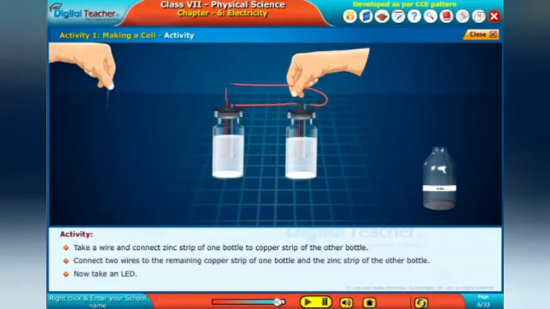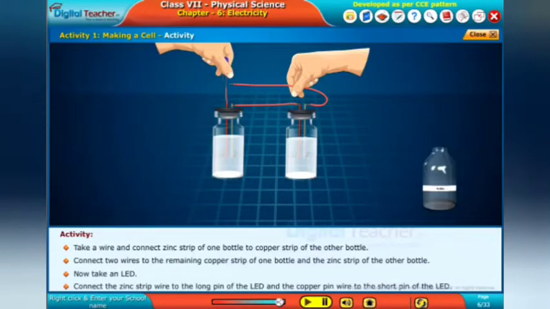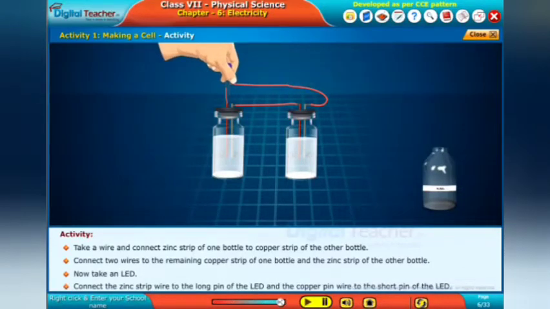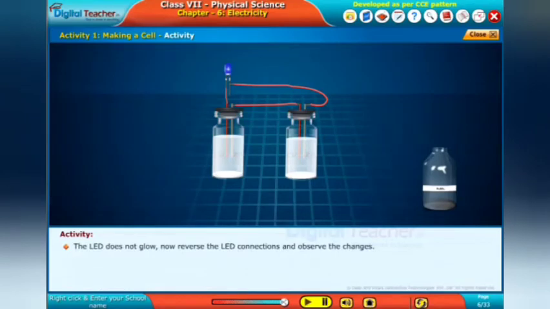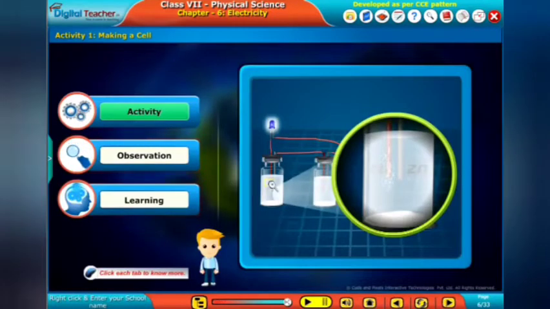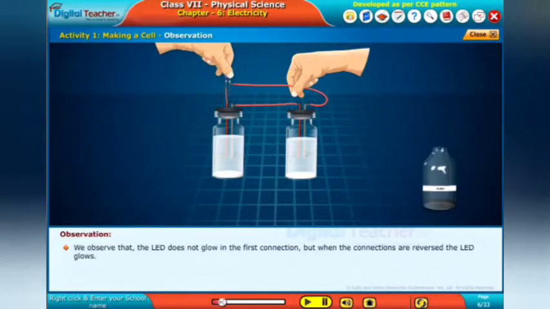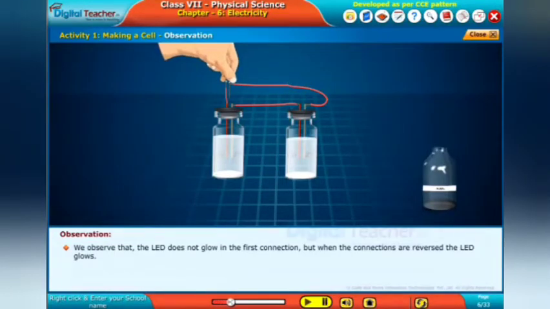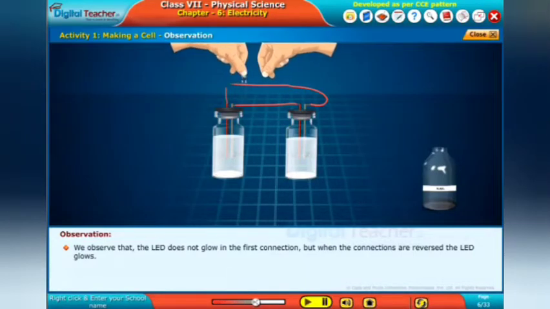Now take an LED. Connect the zinc strip wire to the long pin of the LED and the copper wire to the short pin of the LED. The LED does not glow. Now reverse the LED connections and observe the changes. We observe that the LED does not glow in the first connection, but when the connections are reversed, the LED glows.